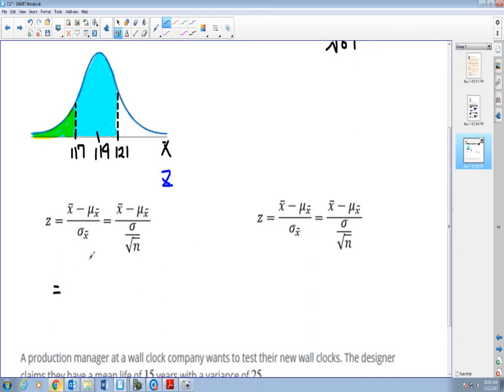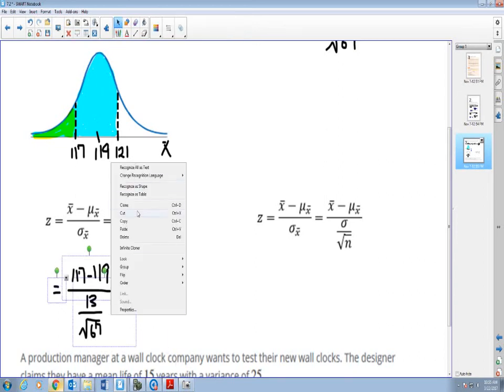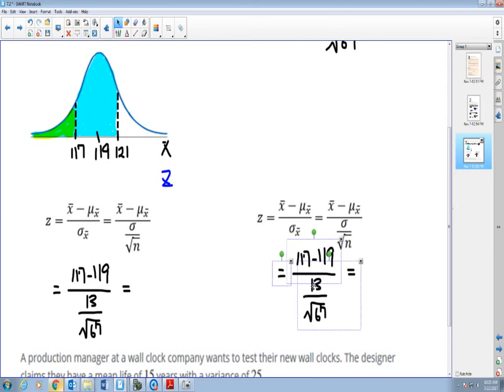So one of them will be 117 minus 119, which you know is going to be -2, divided by my sigma, 13, divided by the square root of n. The other one will just be 121 minus 119.